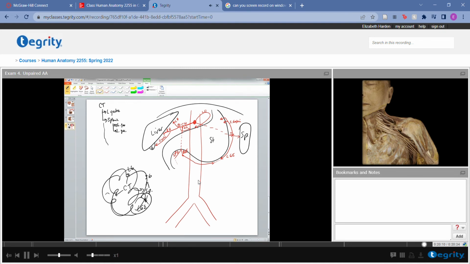I really, really recommend you either list it out in a nice outline style, or you draw it out like I've done for you here, and do the rest of it that way. I really think not only will that help you visualize it, it'll help you remember what branches from what, and more importantly, it will help you remember what each of these branches is actually supplying.